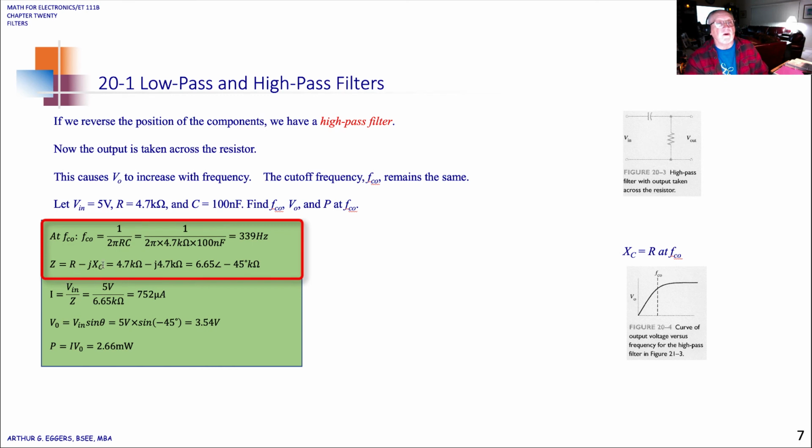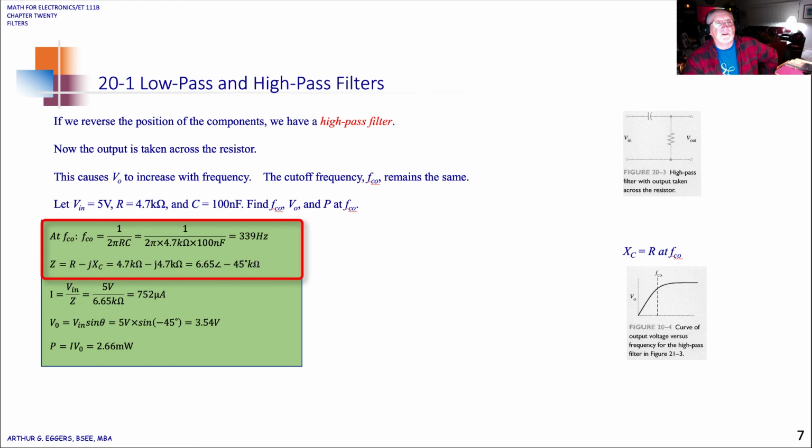Using our value for the impedance, R minus jX sub C. Again, since we're dealing with the point where X sub C and R are the same, R was given as 4.7 k ohms, and X sub C then becomes 4.7 k ohms, which gives us a polar value of 6.65 k ohms at an angle of minus 45 degrees.